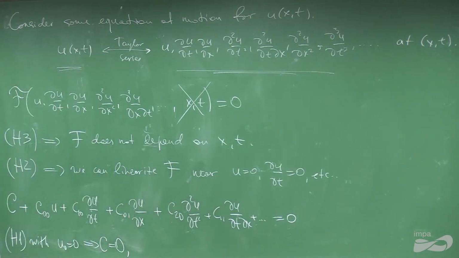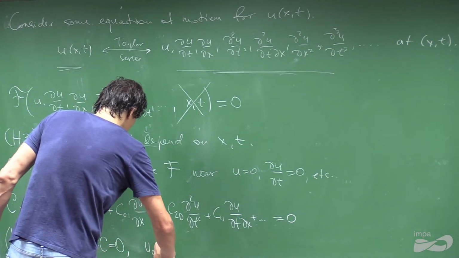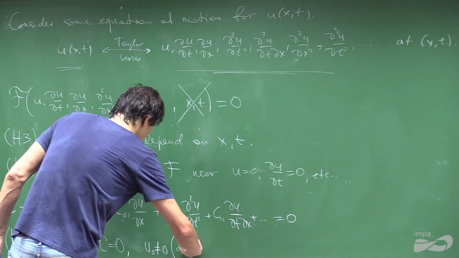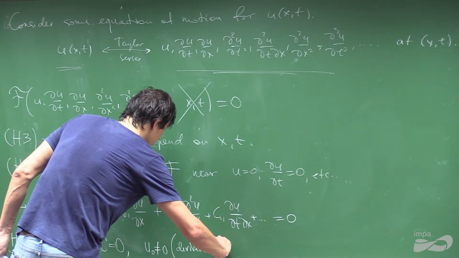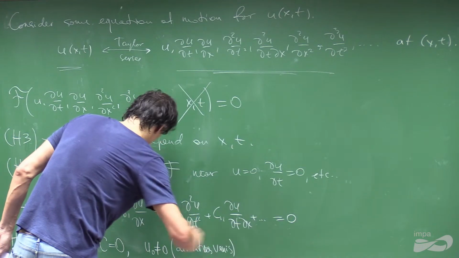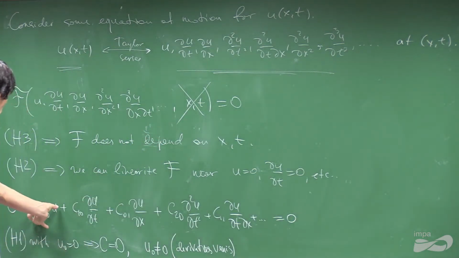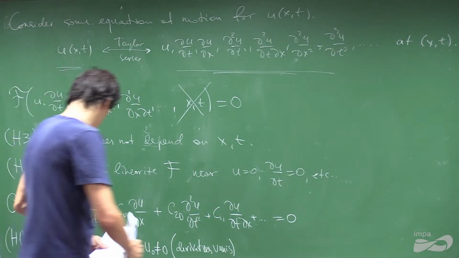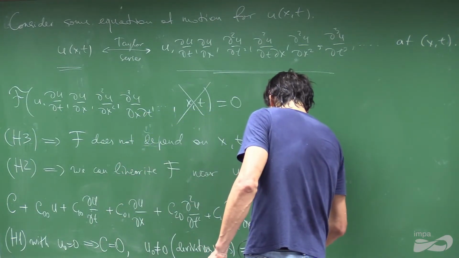And then we use the same hypothesis with u0 not 0, but all derivatives vanishing. Then all these terms become 0, so you will be left with C00 u0 equals 0.